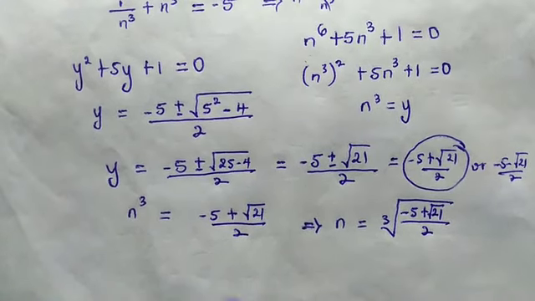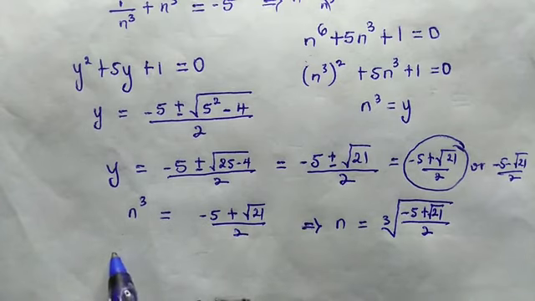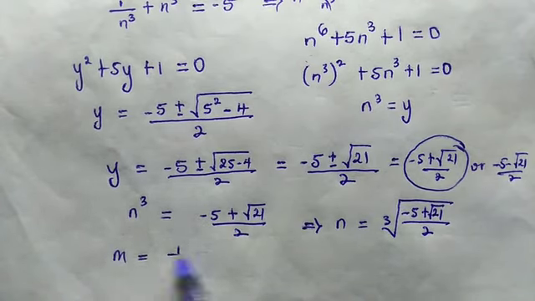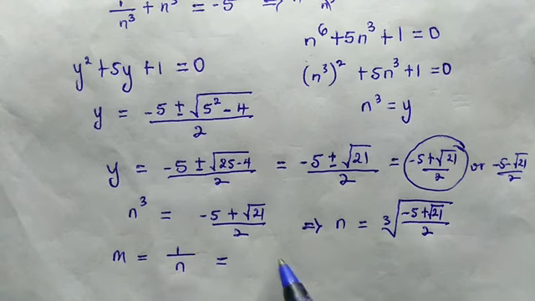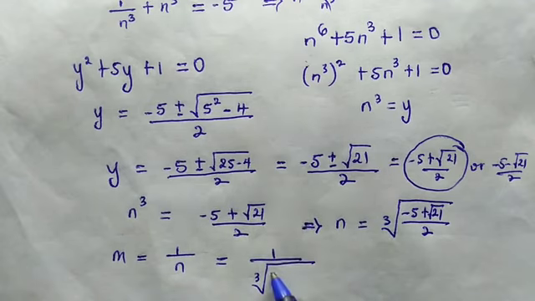Cool. Now, let us recall that m is equal to 1 all over n. So this is equal to 1 all over the cube root of negative 5 plus root of 21 over 2.